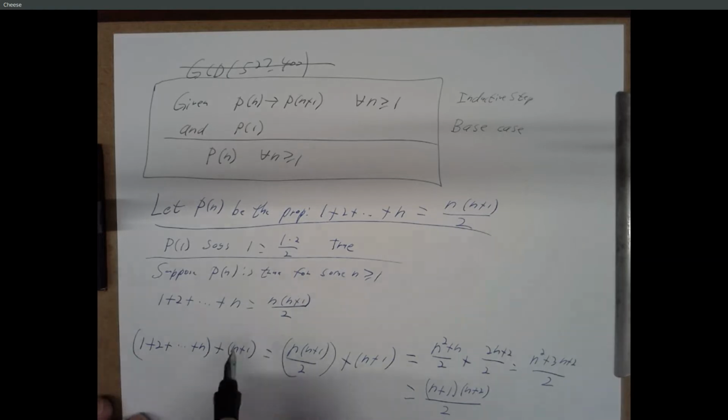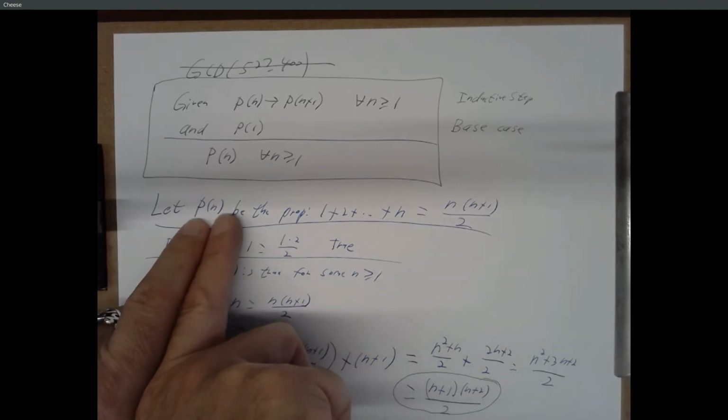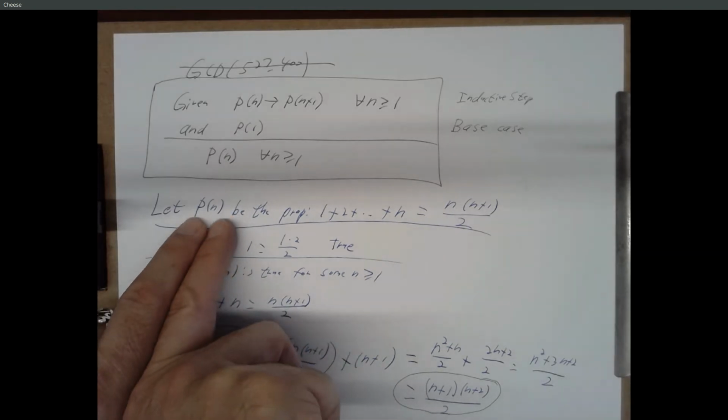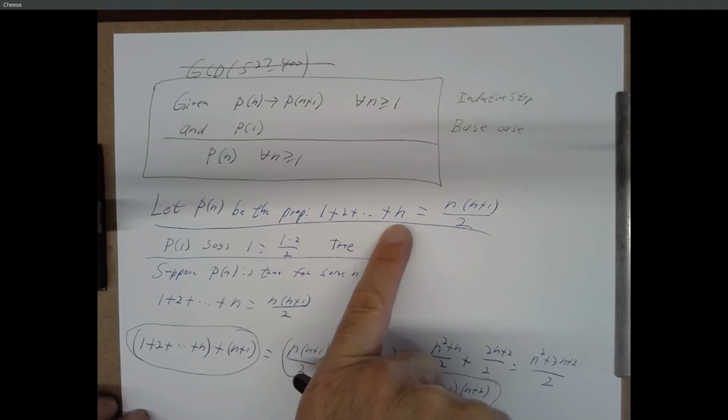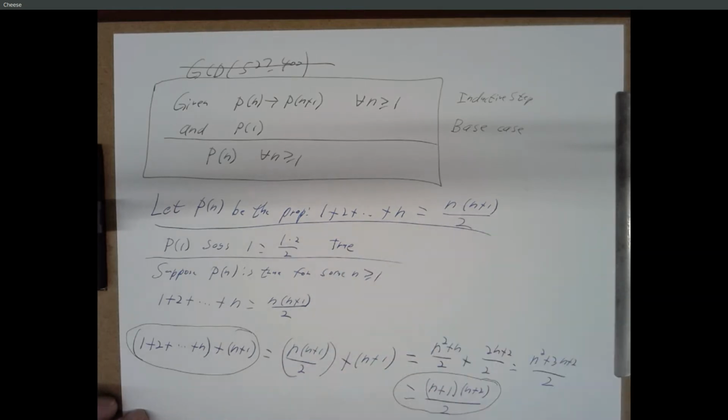But now I've shown that this sum, which is the sum of all integers from 1 through n plus 1, is equal to n plus 1 times n plus 2 divided by 2. Well, that's exactly what P of n plus 1 says. P of n plus 1 says the sum of integers from 1 through n plus 1 is n plus 1 times n plus 2 divided by 2. We just proved P of n plus 1.